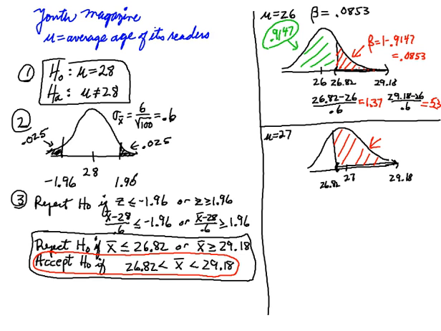And to find that, I'm going to have to calculate z values for the 26.82. This time, where the center is at 27, I get a value of negative 0.3, and then on the other end here, the 29.18, subtract 27 over 0.6, and that gives me a value of 3.63.